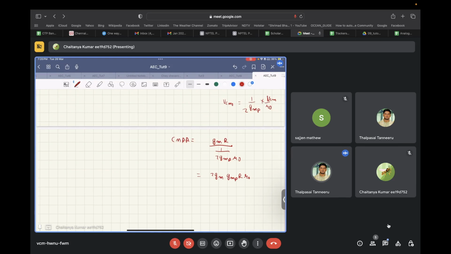You get this? What was the case previously? CMRR old was only GM times R naught. So it's basically 2 times GMP times R higher than the previous circuit, and GMP times R will be a considerable gain.